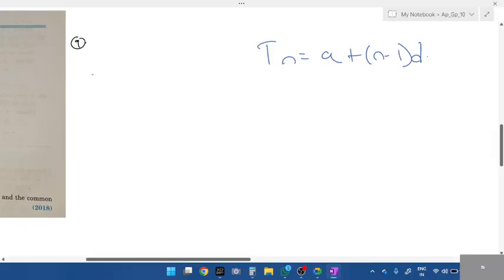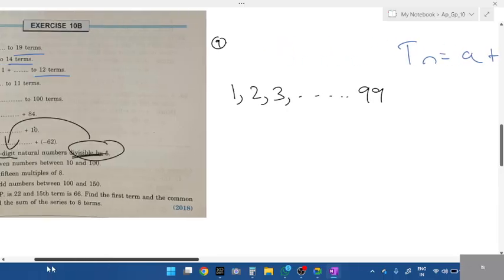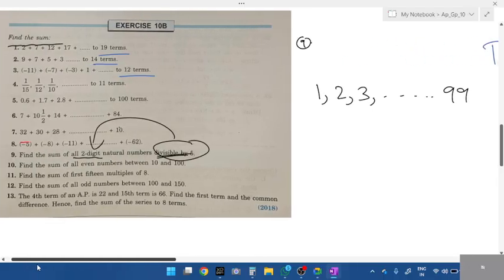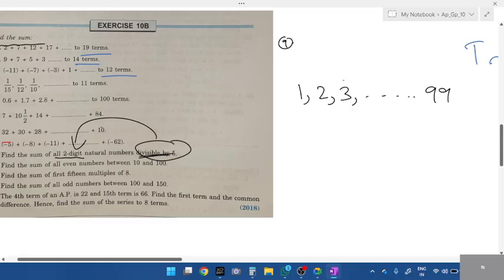Okay, I'll write it again. They told natural numbers, two-digit natural numbers. Natural numbers start from 1, 2, 3 up to 99. In this, we need to take numbers divisible by 5 that are two-digit. All two-digit natural numbers, but even two-digit doesn't start from one, students.